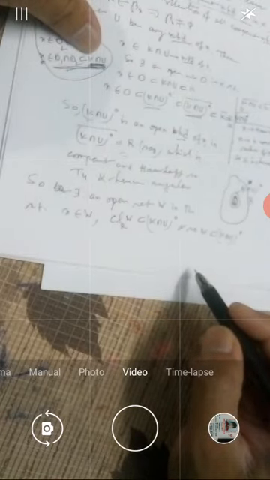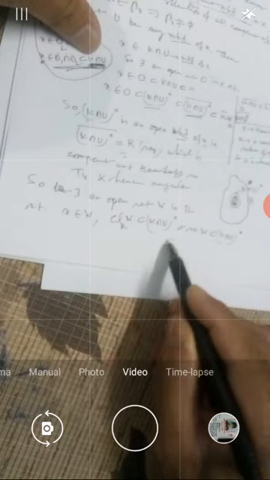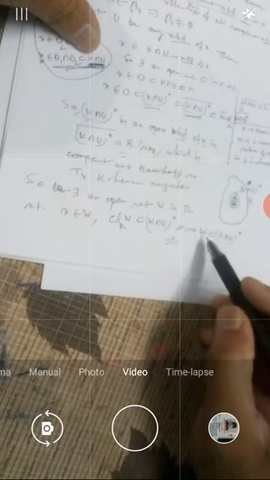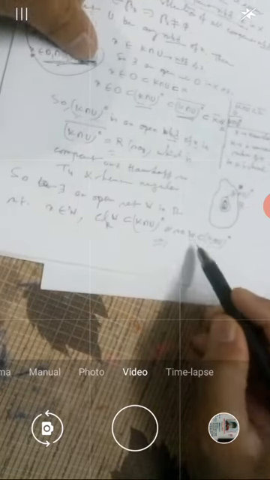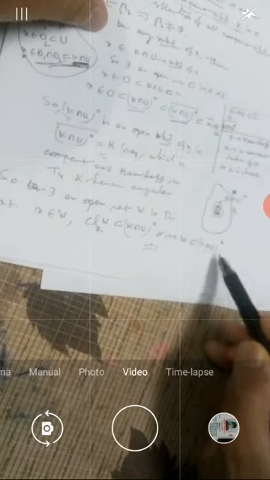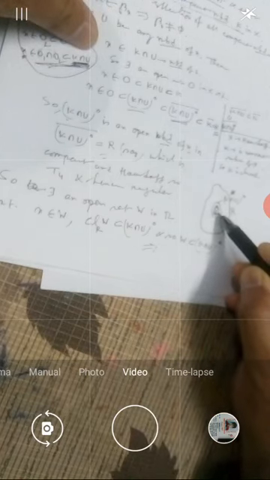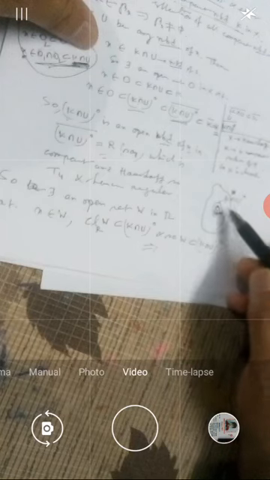This implies that W intersection this set: W is open in R, so W intersection this is open in this.